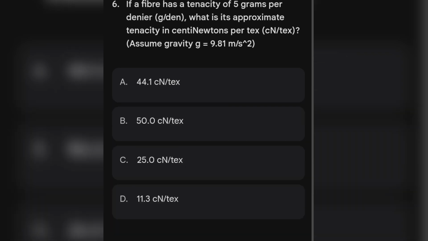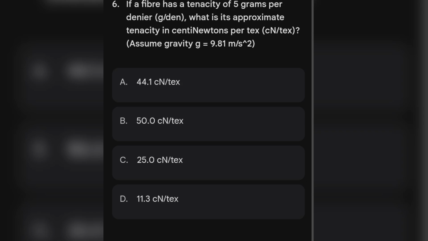Here is a question which is numerical based. This type of question I have been solving. First one is here. It is given the density in grams per denier, and we need the approximate density in centinewton per tex. Here, first of all, we need to convert this into tex. For that, 5 needs to be multiplied by 45, as we know the relation between tex and denier.